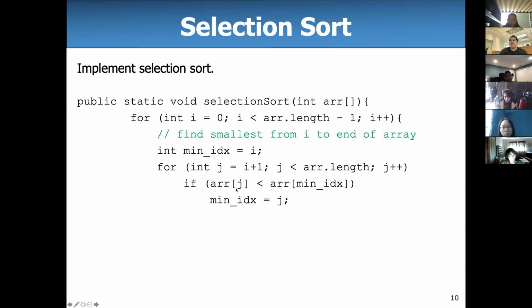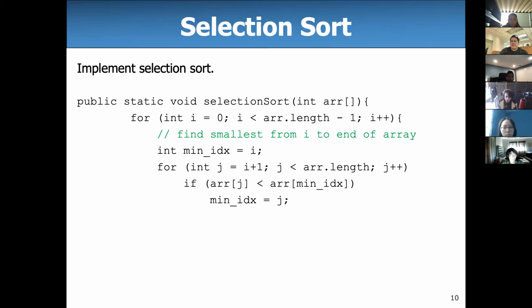If array index j, in this case 0 or 1, is less than array minimum index 0, then the minimum index is equal to j. Do you guys understand that?